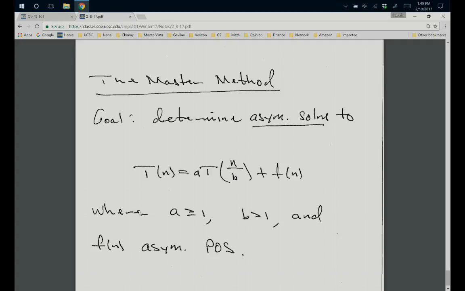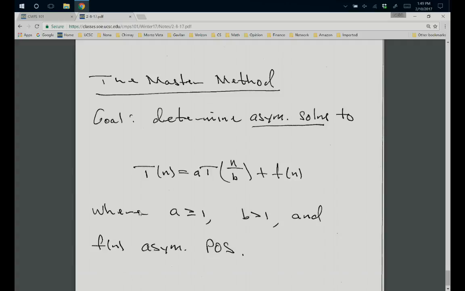Why does case 3 need the regularity condition? All I can say to that is you have to look at the proof. It's like asking, why is that log there? You might as well ask that. I can't answer it without launching into the proof. Notice that I don't specify the base of that log, because the base of a log doesn't matter when you're talking about asymptotic growth rates.